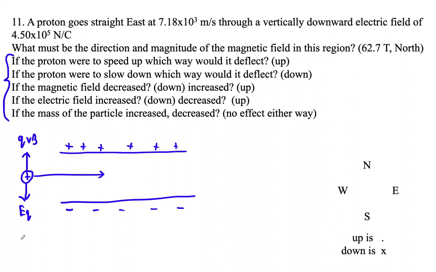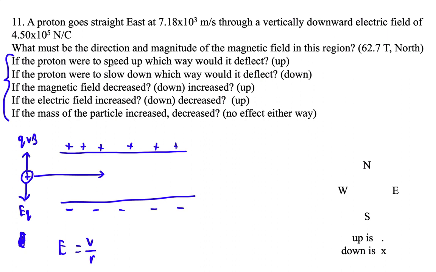Sometimes they ask about the separation of the plates, right? And the electric field is just the voltage divided by the distance between the plates. There's a minus sign that we ignore. So anyway, let's look at this.